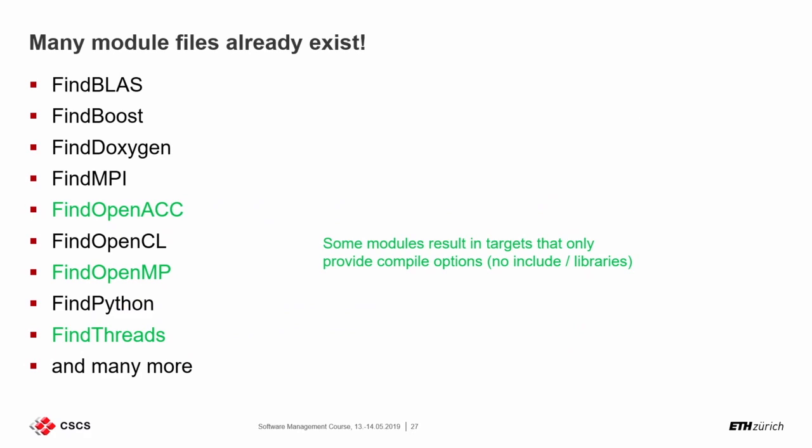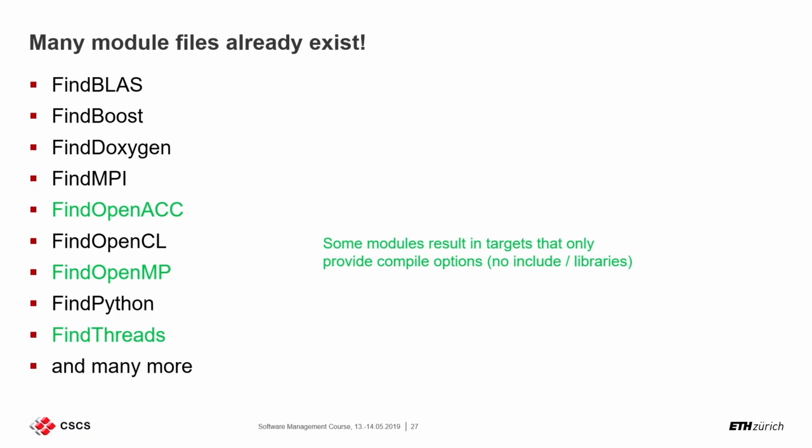I already said that, like FindBoost, there are many modules already available in CMake. So if you use a common library, then the chance is good that you can just detect it with CMake, like FindBoost, FindMPI, Python, and so on. And then there are some modules which actually don't look for libraries, but just provide some compile options.